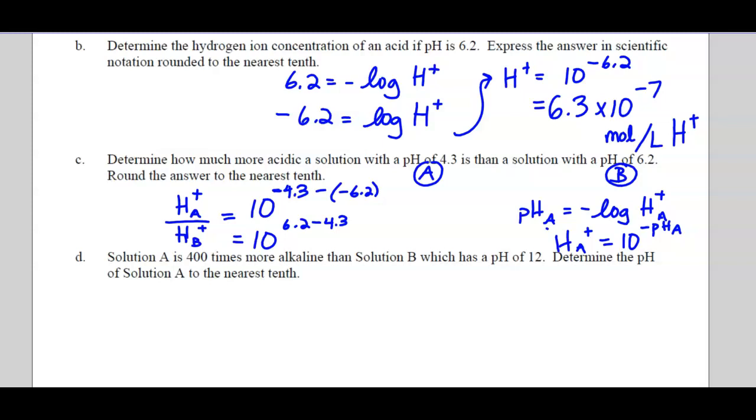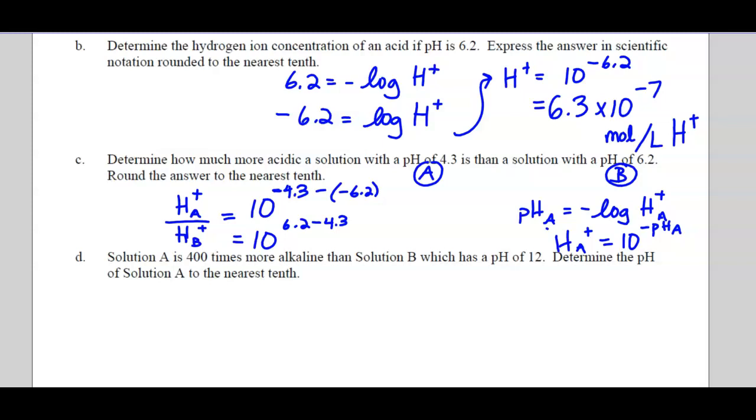So I would put that on top, 10 to the negative 4.3. Then for this one, it would be minus the negative 6.2. When I subtract a negative, it's like adding. So basically, for pH, because of that negative, if this is A over B, then it's 10 to the B minus A. You want to just go straight to that, switch them around, and then you don't have to do subtraction and negative and changing the sign.